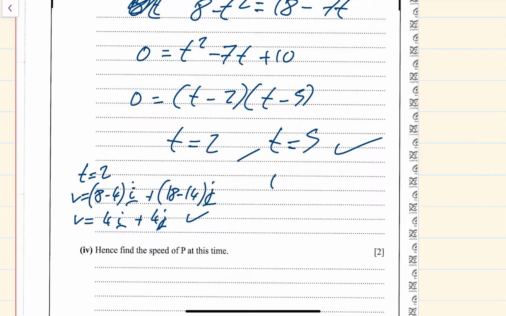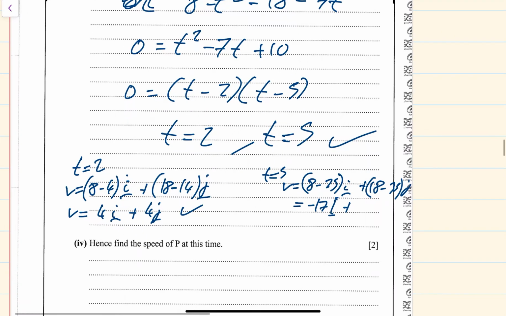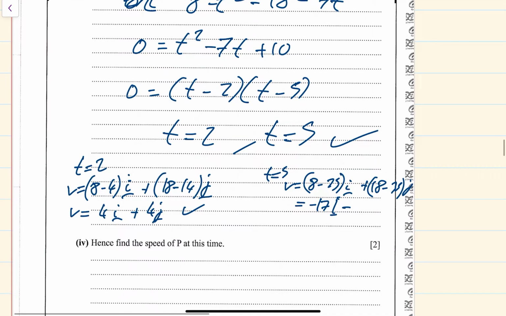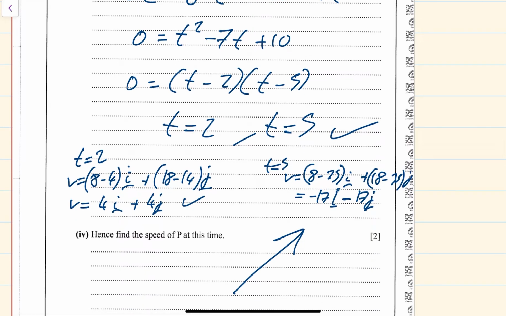Just to show you, when t is equal to 5, your v would be 8 minus 25 i plus 18 minus 35 j, which works out to be minus 17i minus 17j. So it is on that 45 degree line, but it's actually going this direction. So that's not the one we're looking for.